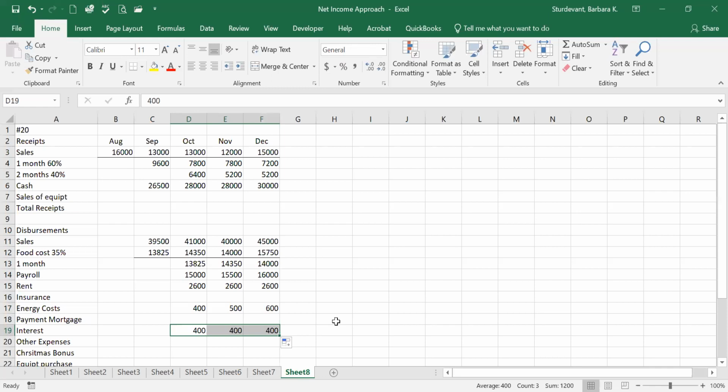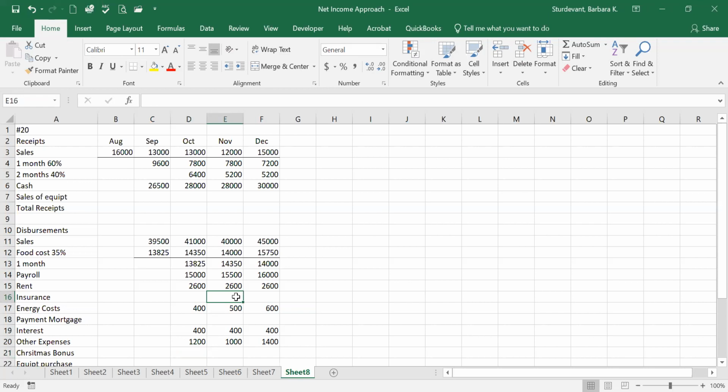And then let's see what else I got. Other expenses. Excuse me. 1,200. Okay. Insurance is paid in November each month for the entire year. So we got to put in our insurance only when it's paid.